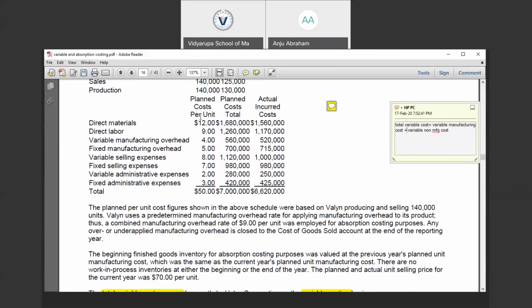So we are provided with the per unit variable cost relating to direct material, direct labor, and variable manufacturing overhead. So what is the variable manufacturing cost?